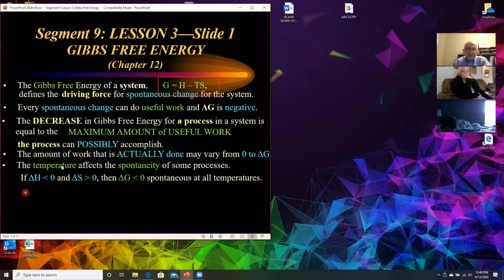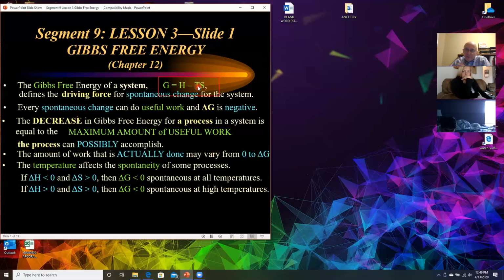So if delta H is less than 0 and delta S is greater than 0, delta G is going to be less than 0, so it's going to be spontaneous no matter what value you put in for temperature. If delta H is greater than 0, this term is positive, and delta S is greater than 0, this term is negative, then delta G is less than 0 at high temperature.